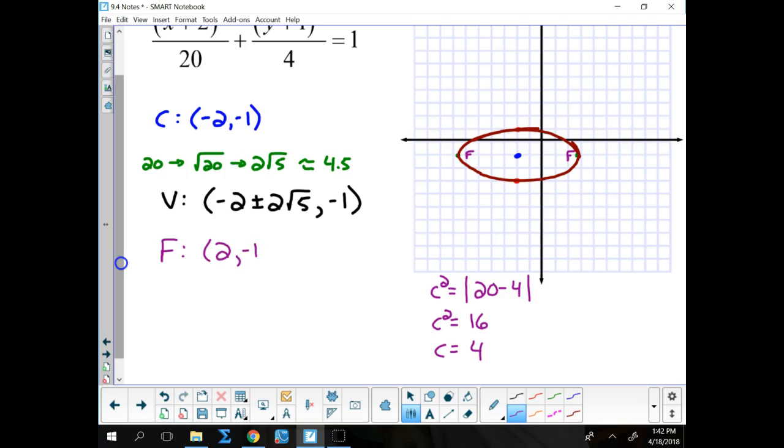Two comma -1. And what did you say? Because I have to add and subtract 4 to my x. Okay, so -2 plus 4 is +2. That's where we get the 2 comma -1. -2 minus 4 is -6. That's where we get the -6 comma -1. Okay.